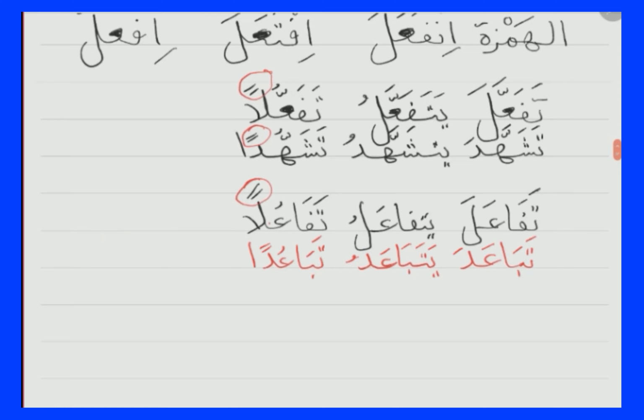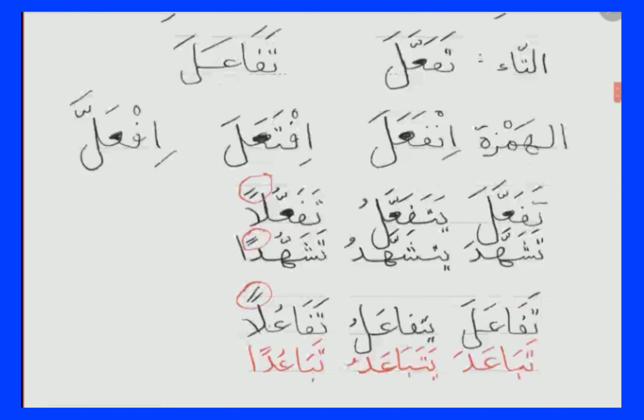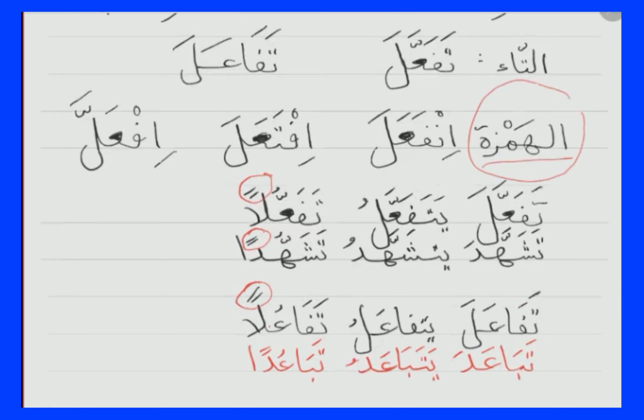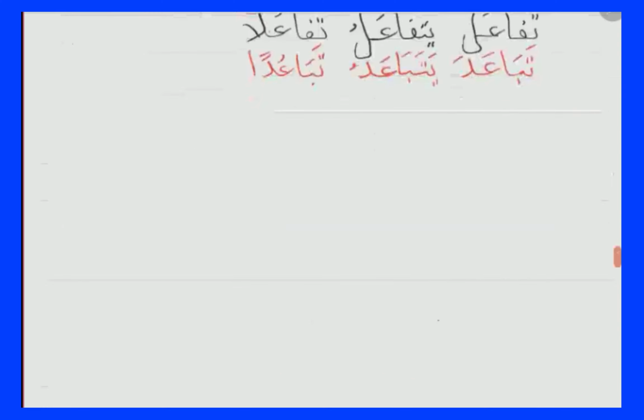Then he said here, it might start with a hamza. And he gave us three: infa'ala, and ifta'ala, and if'alla. But since he mentioned the hamza, we need to talk about it. There's two types of hamzas, brothers and sisters. Al-hamza.